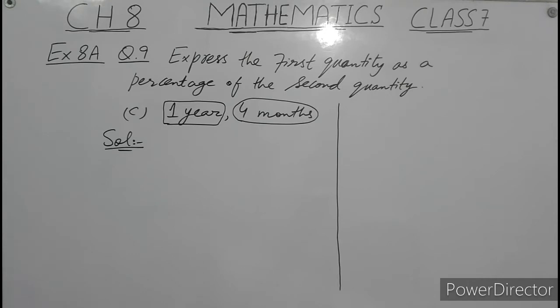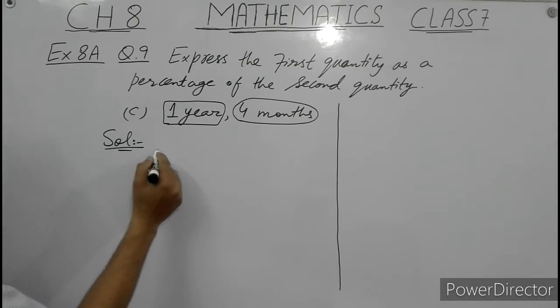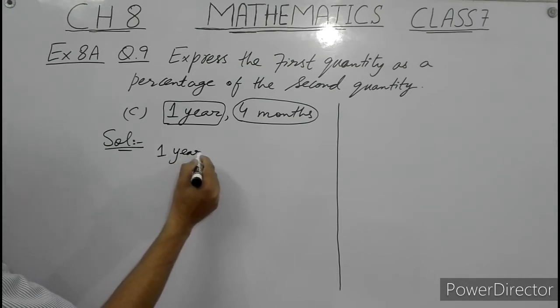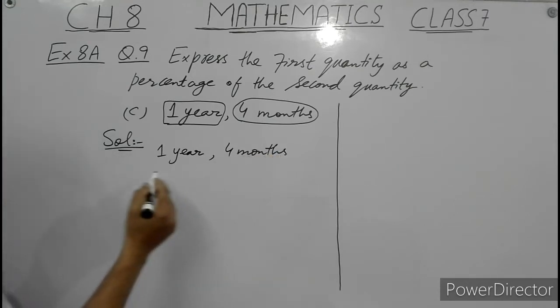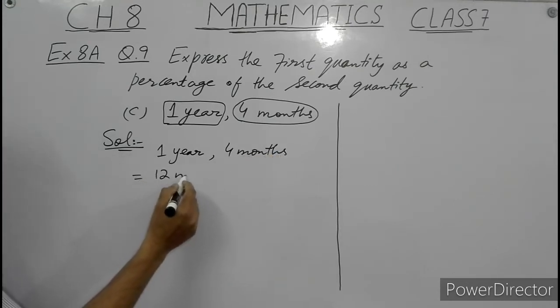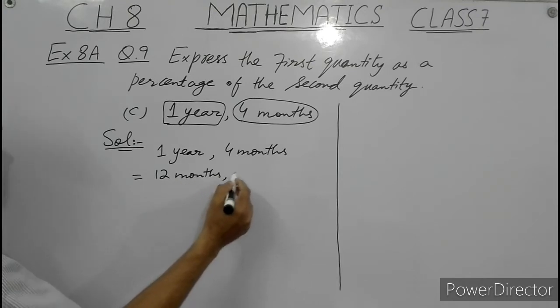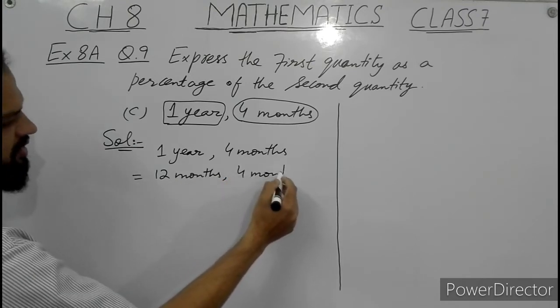For a percentage we must have the same units. So 1 year will become 12 months. Four months will be as it is.